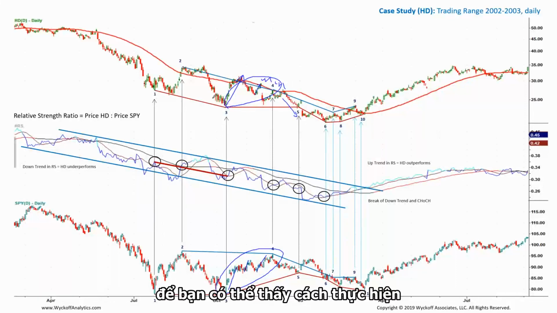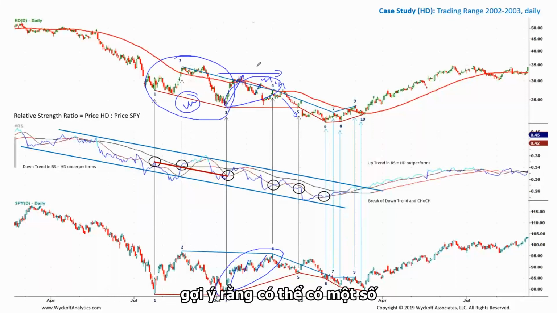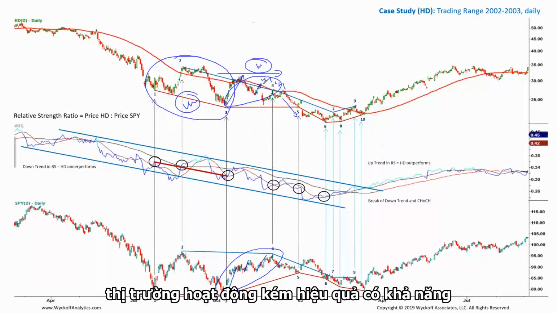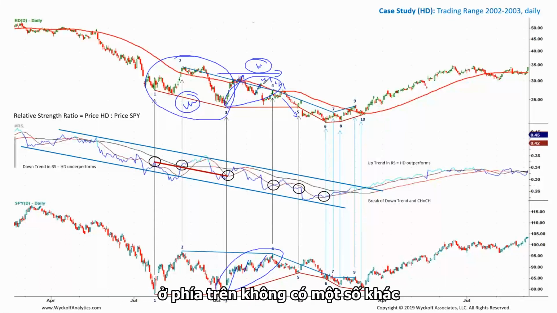So you could see how the identification of weakness in this area suggested that there might be some weakness going forward, and that this stock is potentially going to be underperforming the market. So would we want to be in a stock like this on the upside?